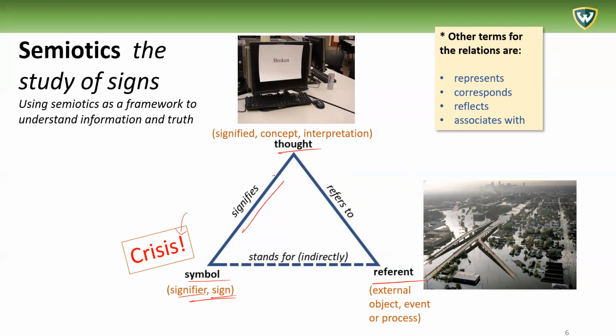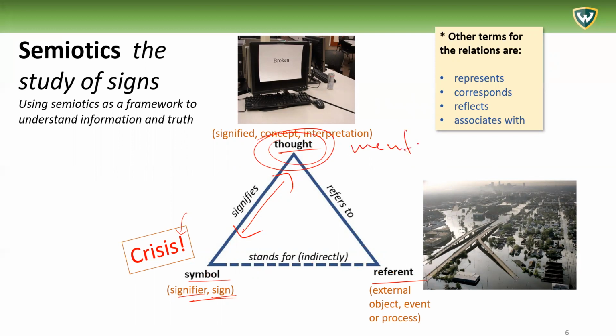And for these relationships here, I use the terms signifies, refers to, and stands for, but I can mix them up a little bit sometimes. So correspond, represents, reflects, associates with, and so on. Notice that this line is broken and different from the other two, because the symbol stands for some external object in the world, but it usually, if not always, has to go through some thought or mental representation.